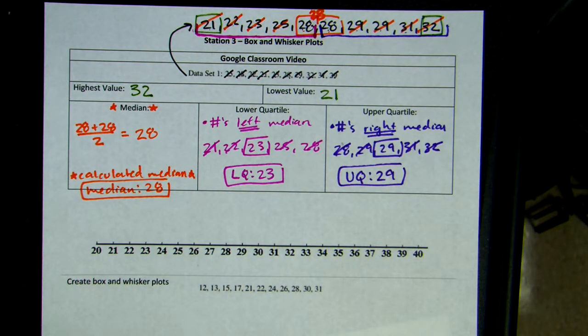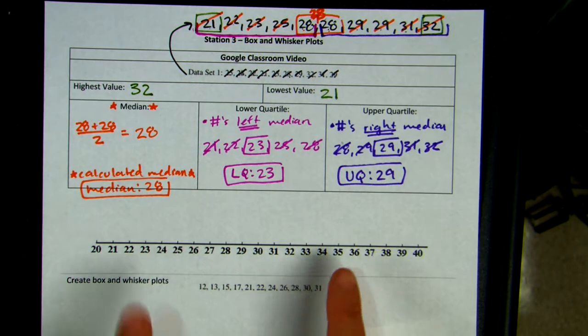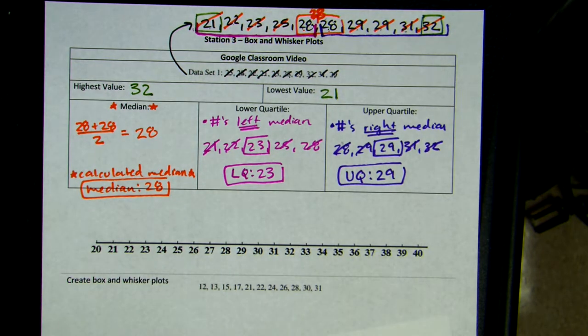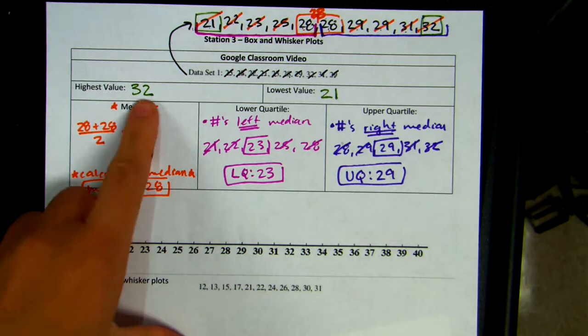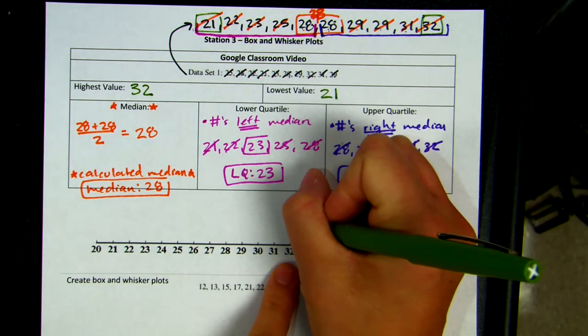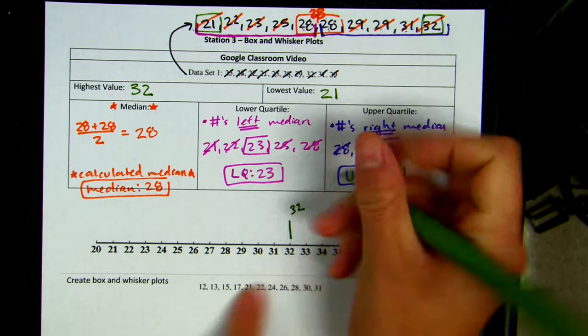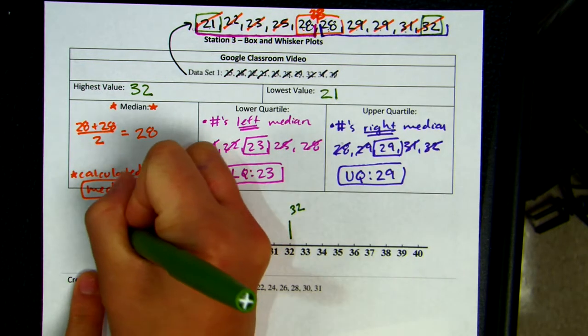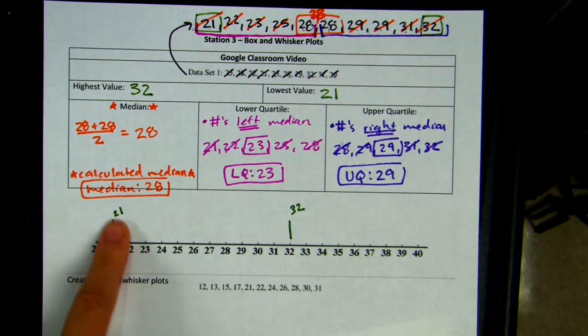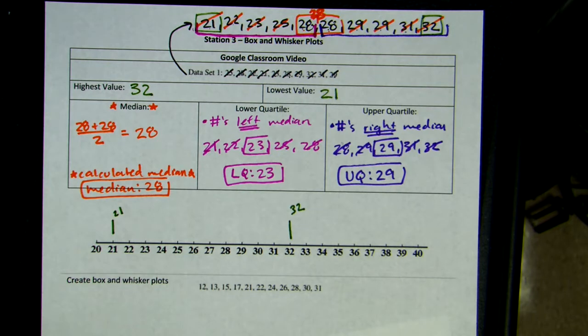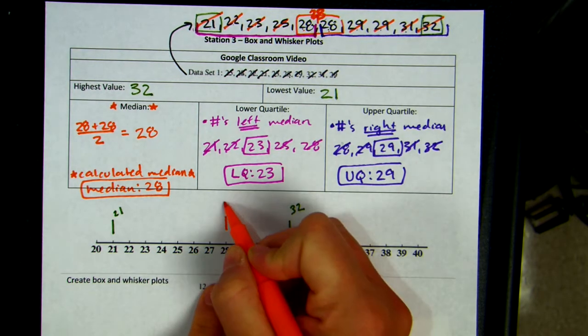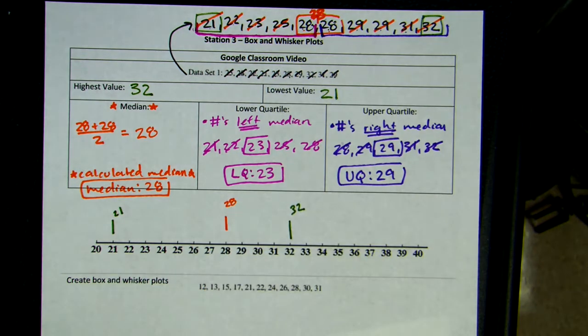Okay, so we've got all of our pieces of data together. Now we just have to put them on our number line as our box and whisker plot. I have my highest value is 32, so I draw this here at 32. My lowest value is 21, so I draw that here at 21. My median is at 28, so I draw that in at 28.